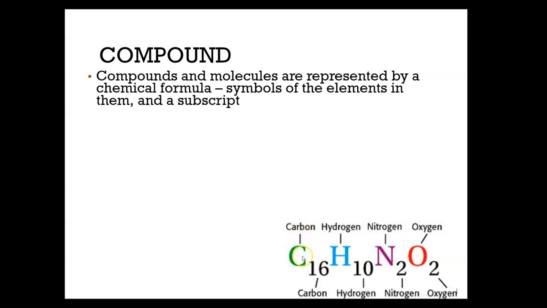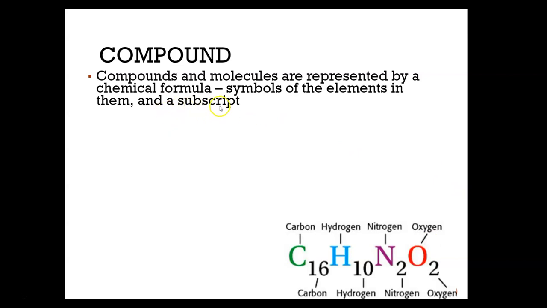So for example, here we have a carbon atom, but there's 16 next to it. That tells us there are 16 carbon atoms in this compound. There's 10 hydrogens, 2 nitrogens, and 2 oxygens.